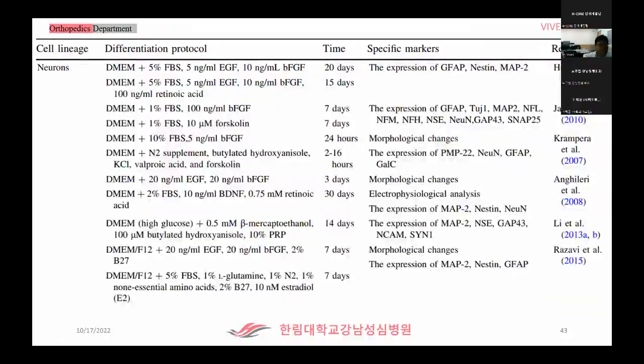Another one is neuron development. This kind of experiment has also been studied by many researchers. DMEM with N2 supplement, butylated hydroxyanisole and KCl is very important there, and this protocol was very effective to produce neurons.